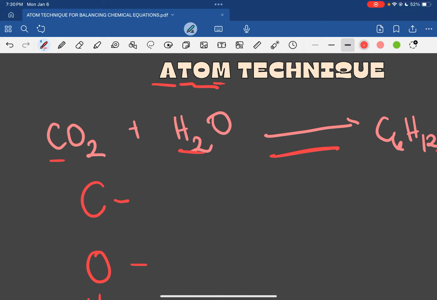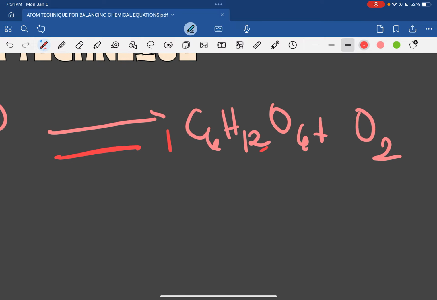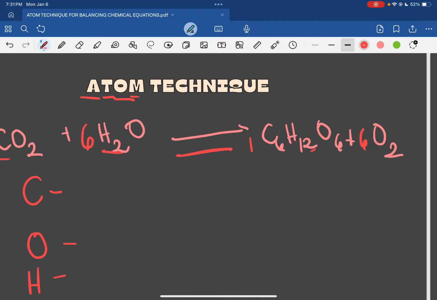For carbon dioxide, we have the value of 6 carbon dioxide. Or in H2O, we will have 6 H2O. In our glucose, we're just going to have one molecule of glucose, and for our oxygen, we have the molecule of oxygen as 6.